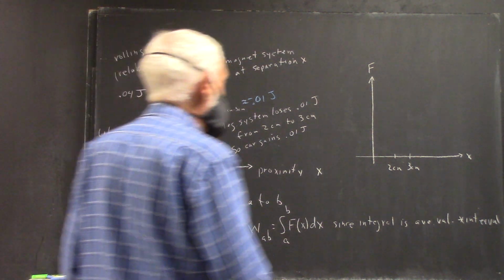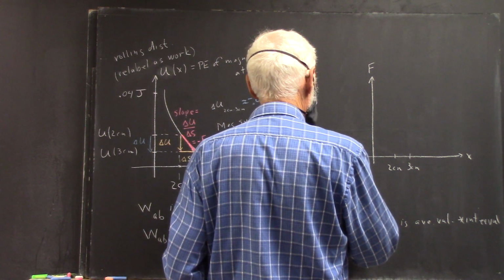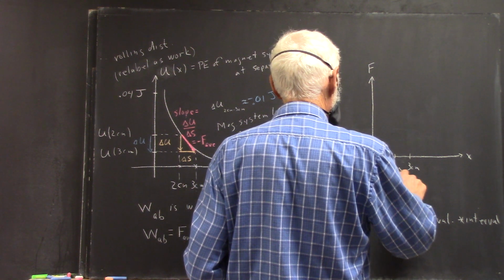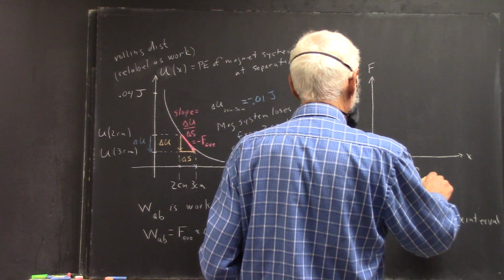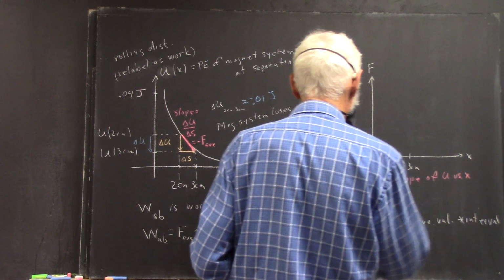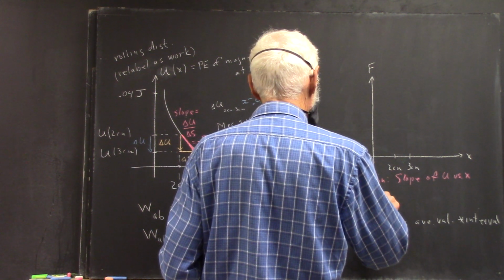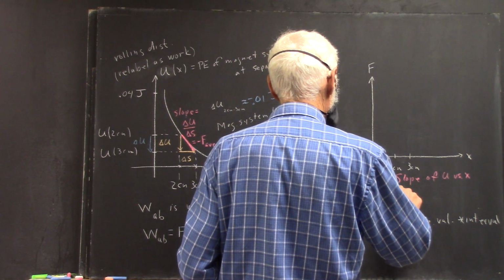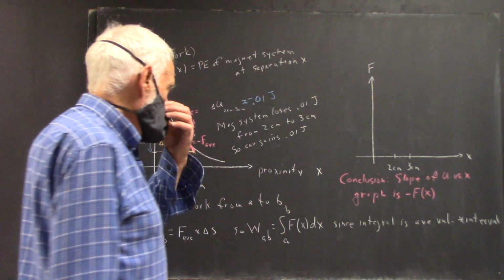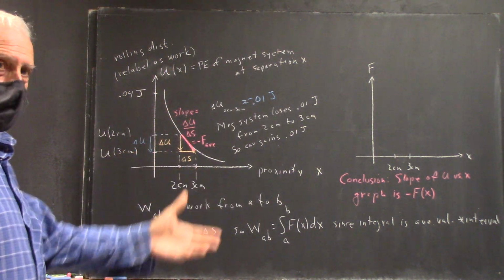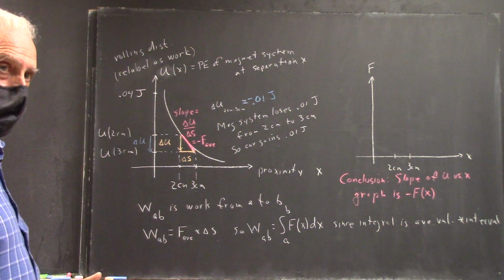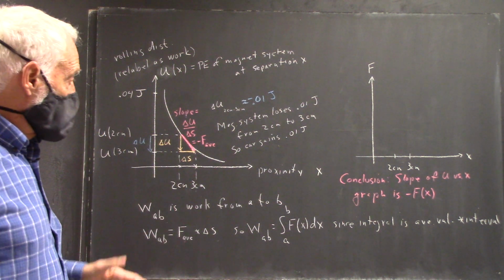Conclusion: the slope of the U versus x graph is negative F of x, the negative of the force exerted by that magnet system.